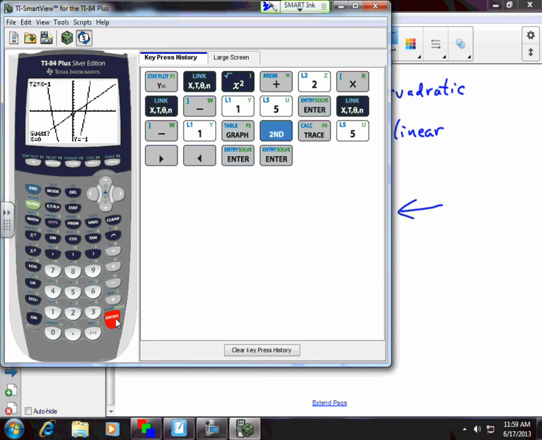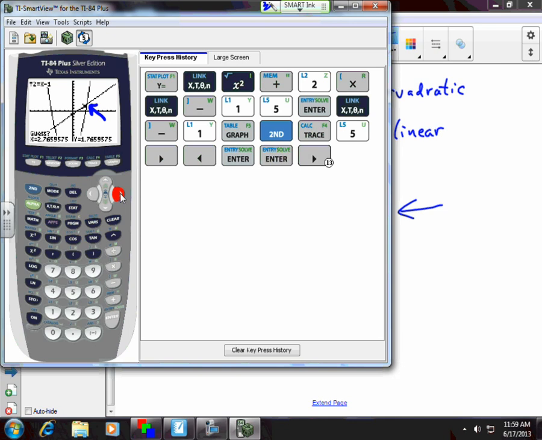Now we want to guess where the point of intersection is. We can either just type in our guess or use the arrow keys to get close to the guess. I'll use the arrow keys this time because we're not that far away. As you can see, I'm moving to the right to get close to the point of intersection right here.